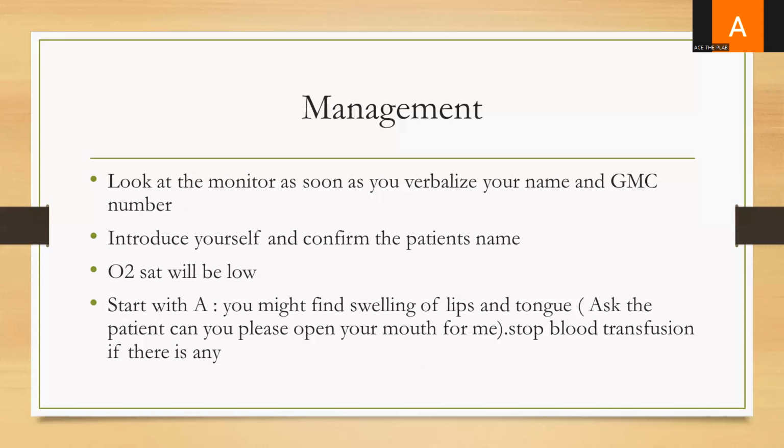Only these 2 questions. Then, has it happened before? And then MAM, that is medications, allergies, and medical conditions. So that is your brief history in case of a SimMan. You do not go into much detail as this is an emergency. Once you ask these questions, it will hardly take 1 minute.